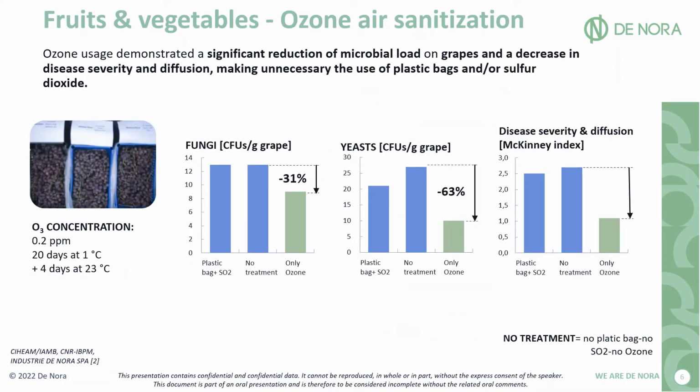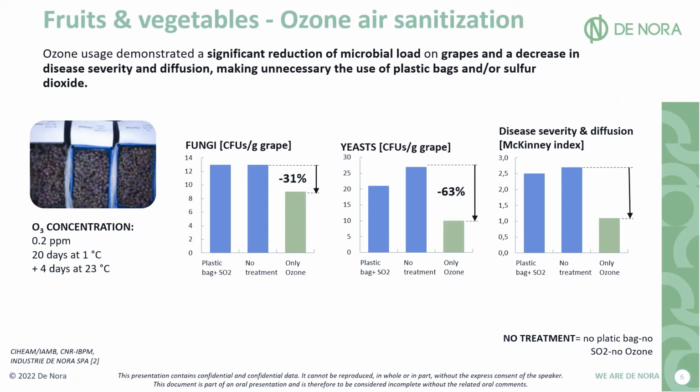We also tried tests on other kinds of fruits, in this case grapes. Also in this case, we tried ozone applied continuously and ozone in passes. I show you the results with a low concentration applied continuously: 0.2 ppm for 20 days at 1 degree Celsius.